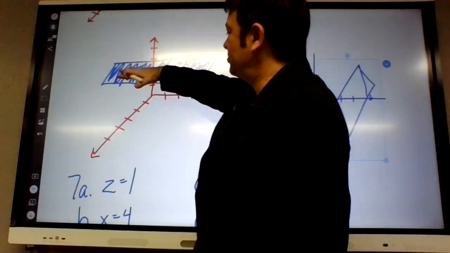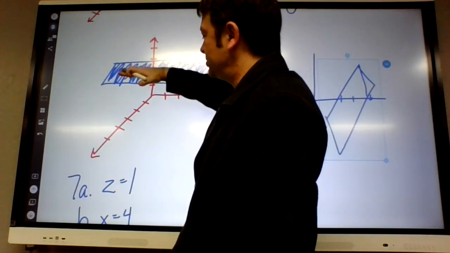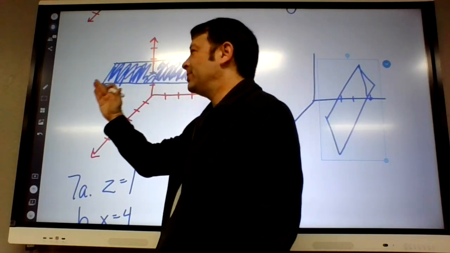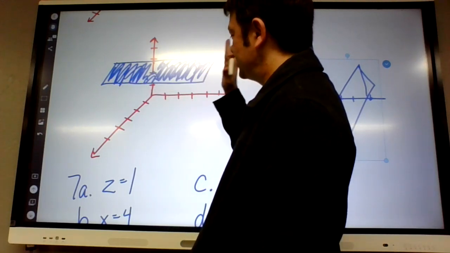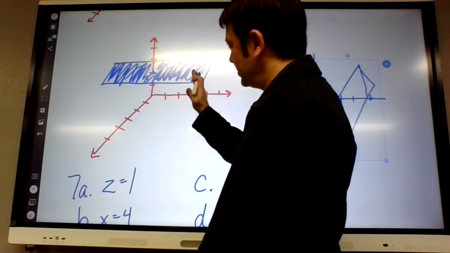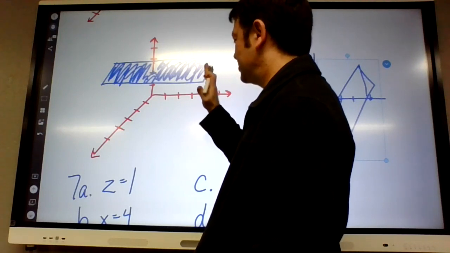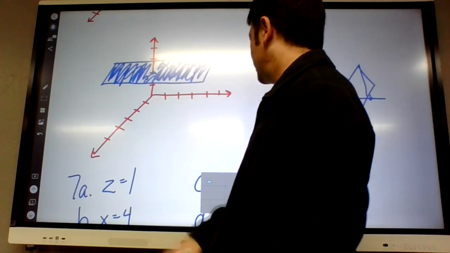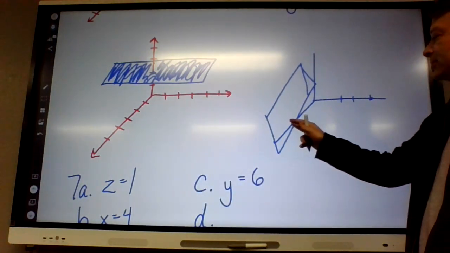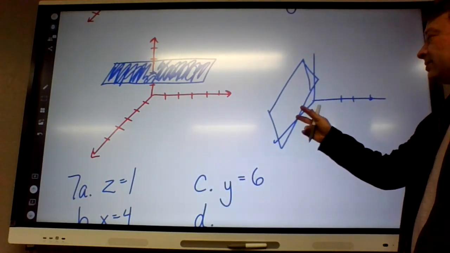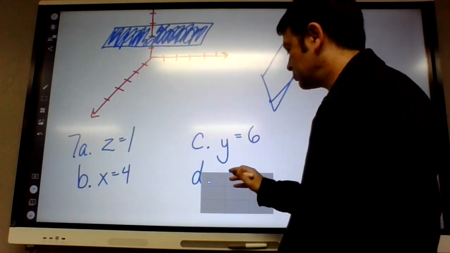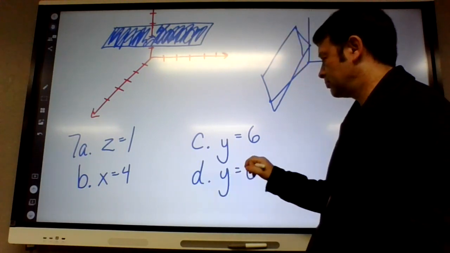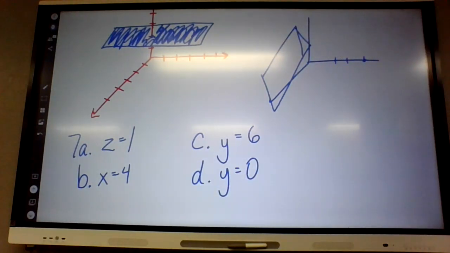So, all these horizontal planes are like z equals. All these planes going sideways are x equals, and cut through the x-axis. And all these planes coming out at us, like straight this way, vertical I guess you could think of it, are y equals. So if it's sitting on the x-axis, and kind of on the z-axis too, it's y equals 0. Because all the y coordinates on that plane are 0.